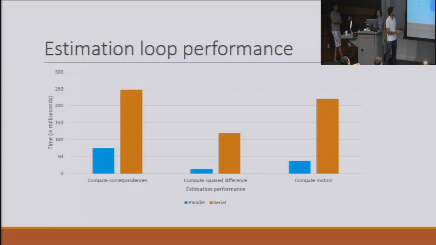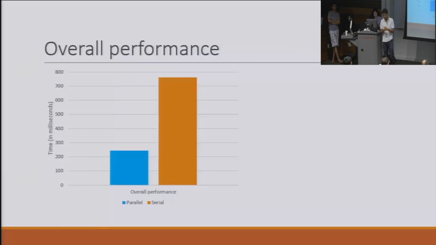And this is the overall performance of the algorithm, the entire algorithm for a pair of frames. OpenCV, as we mentioned, took about 750 milliseconds to process 2 frames. Ours took about 250 milliseconds. So we were 3 times faster than OpenCV, but more importantly, from the CubeRover's point of view, we were almost real time because the CubeRover moves at 15 centimeters per second.